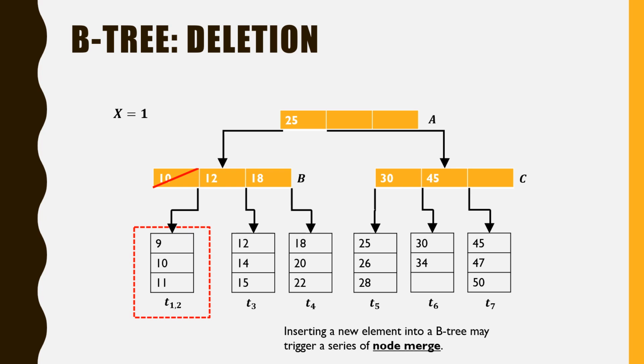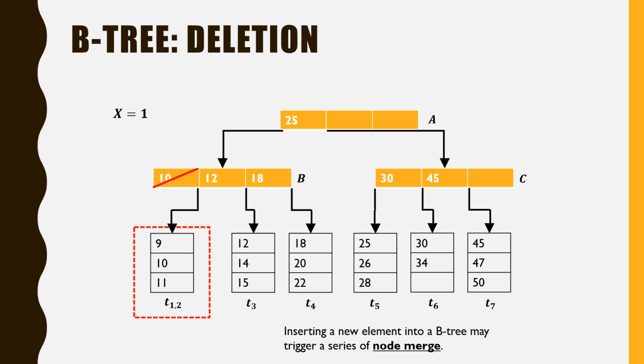When a node merge is triggered, one leaf node must have a load just below the minimum, while the other leaf must have exactly the minimum load. In other words, one leaf node, such as T1, should contain the ceiling of L over 2 minus 1 data elements, while the other leaf node, such as T2, should have the ceiling of L over 2 data elements.